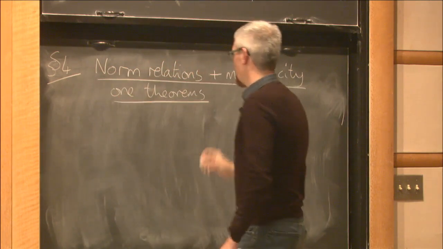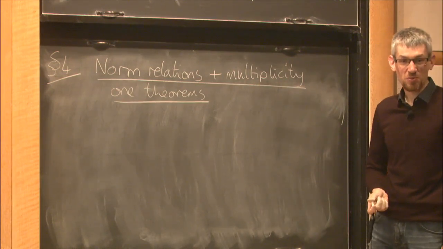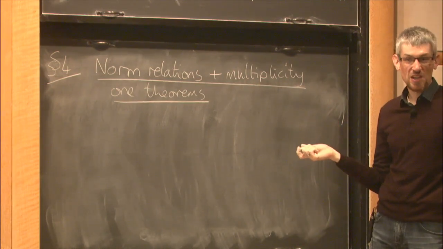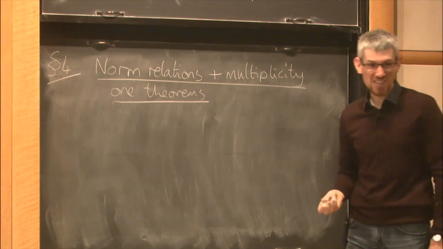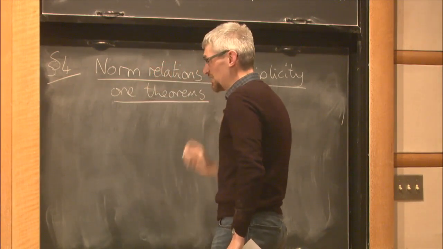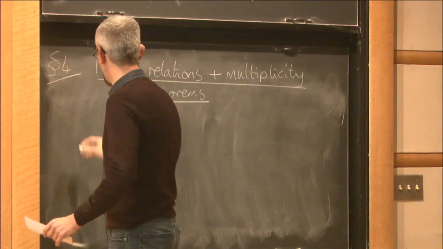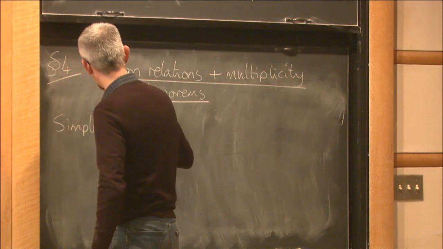And the idea is to replace the very difficult problem of proving norm relations for these elements with a much, much easier problem in local representation theory, by using some clever results about multiplicity 1 for decompositions of representations. So let me explain this in a simple case.